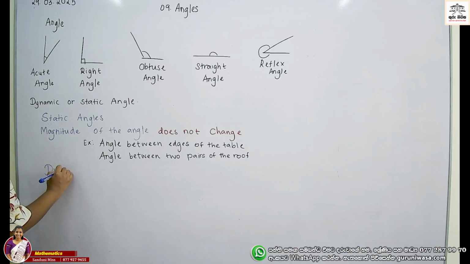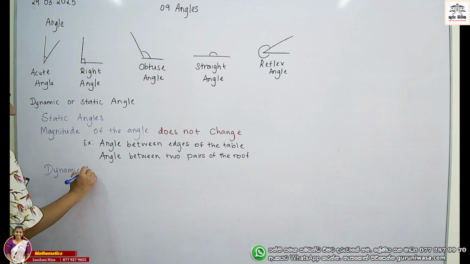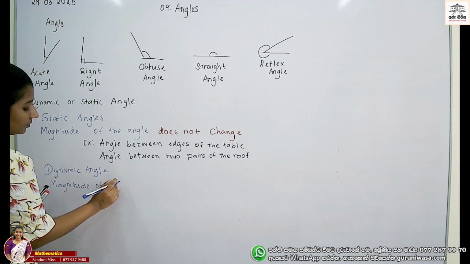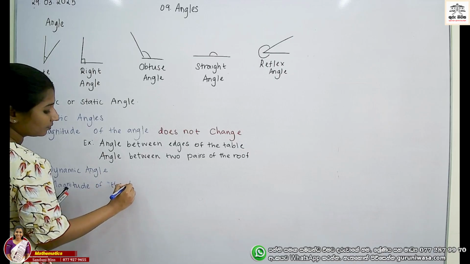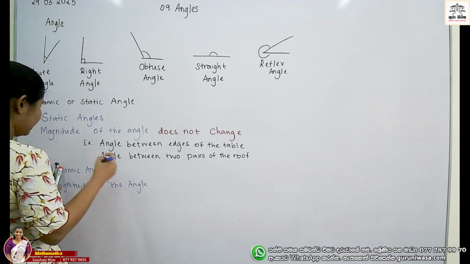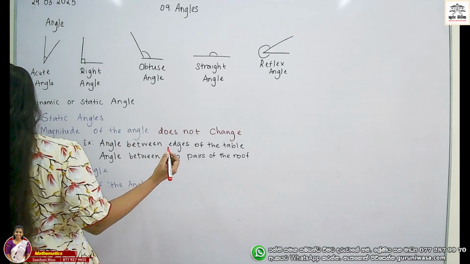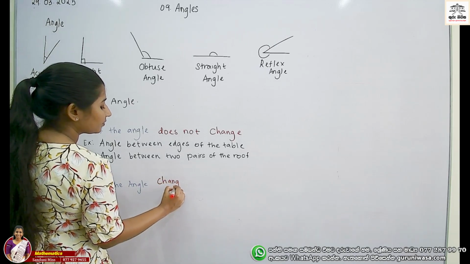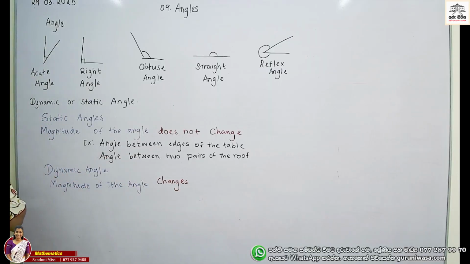And we have dynamic angles. What is meant by dynamic angles? The magnitude of the angle changes, it is called dynamic.